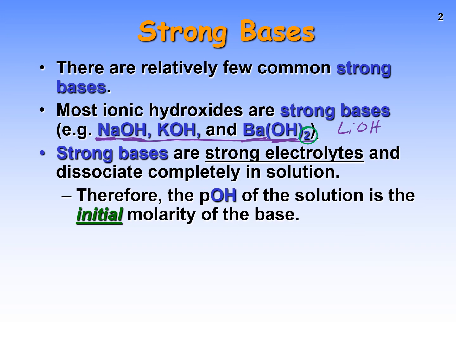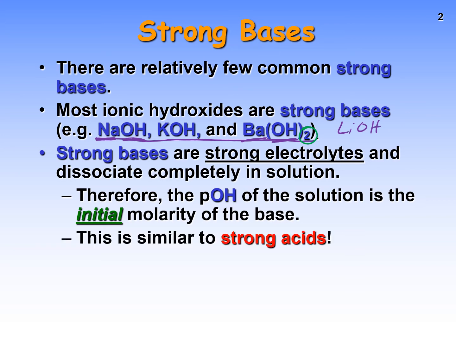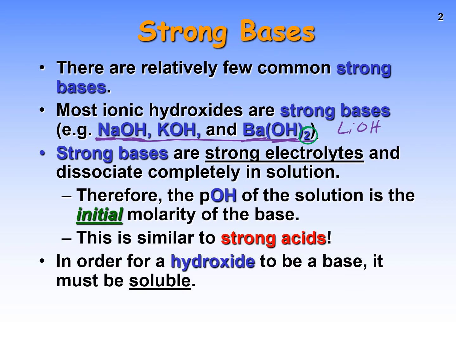And it's because there are two OH- dissociated for every one barium hydroxide. So you need to actually multiply its concentration by 2 to get the OH- concentration in solution. Again, in order for a hydroxide to be a strong base, it must be soluble. Only soluble hydroxide salts are strong bases.